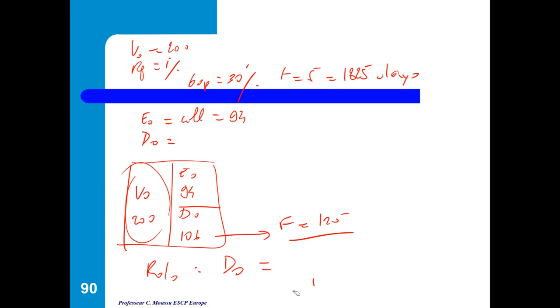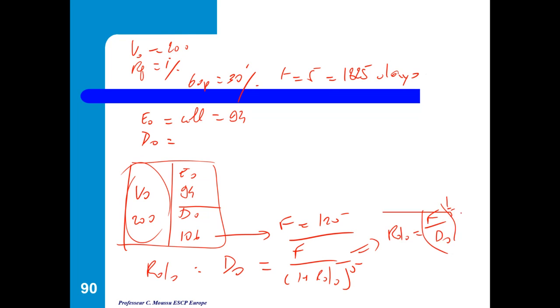No, sorry, there's no T equal 5. There's only one payment. So F divided by (1+R_D)^5, meaning that R_D is (F over D0)^(1/5) minus 1.